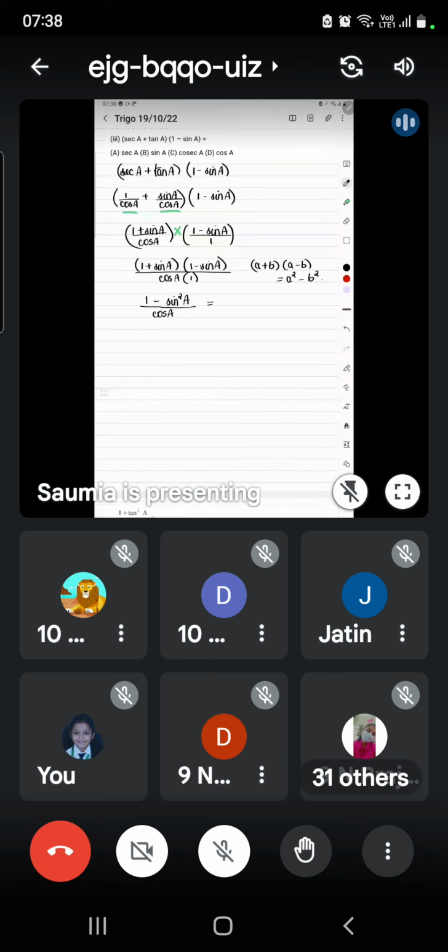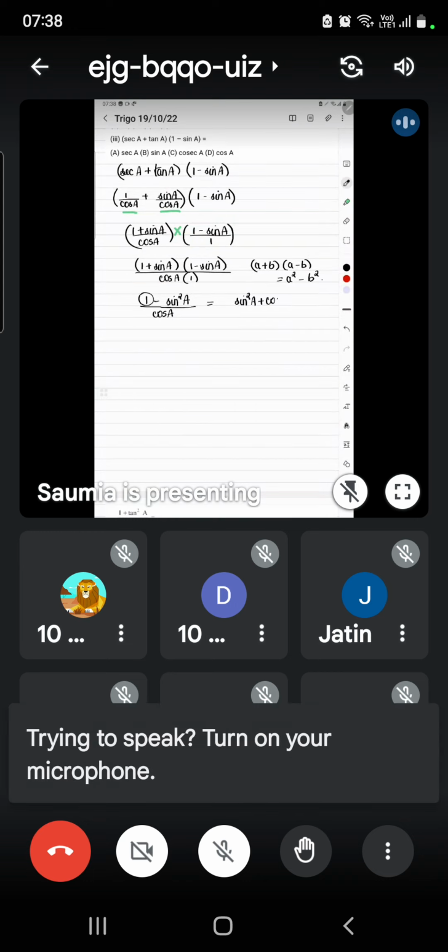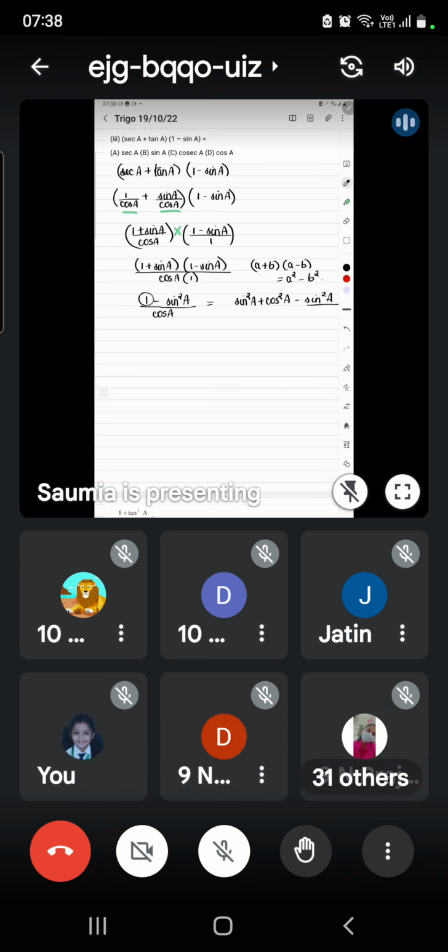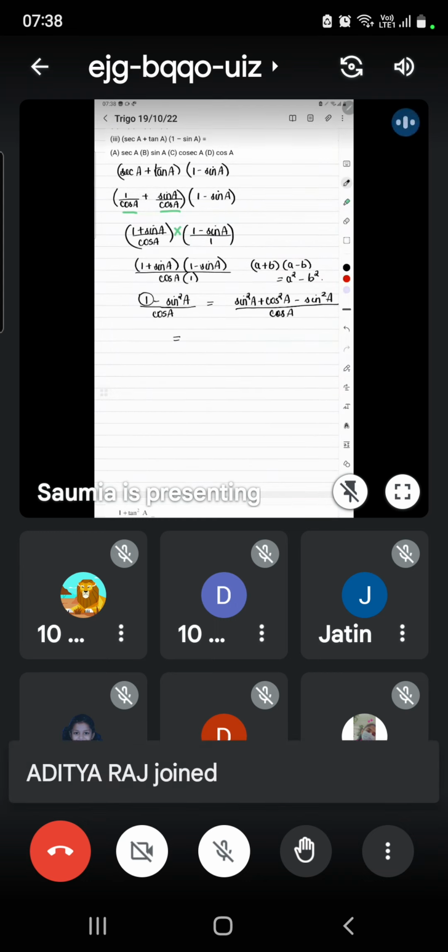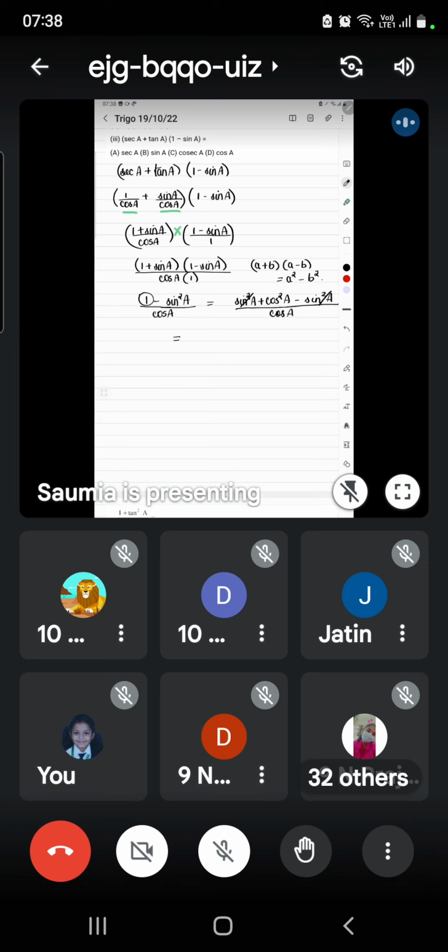Now there are two ways to do this. Instead of this 1, I can write sine square A plus cos square A, and the minus sine square A remains. Or you can simply substitute 1 minus sine square A as cos square A. In the numerator, sine square A and sine square A will get cancelled, and only cos square A upon cos A remains.